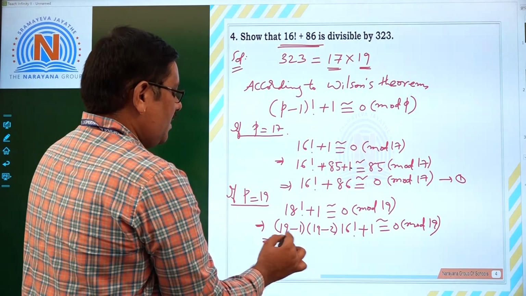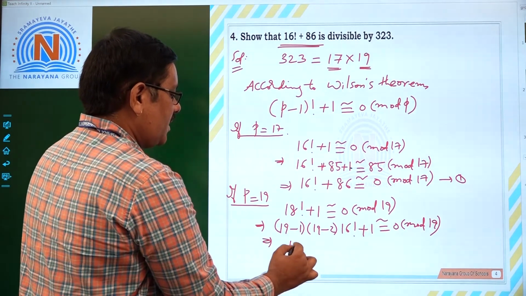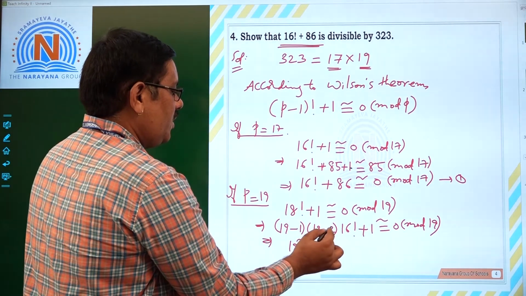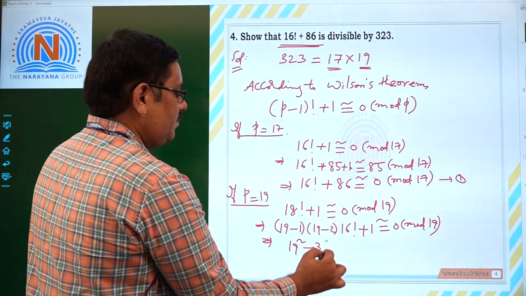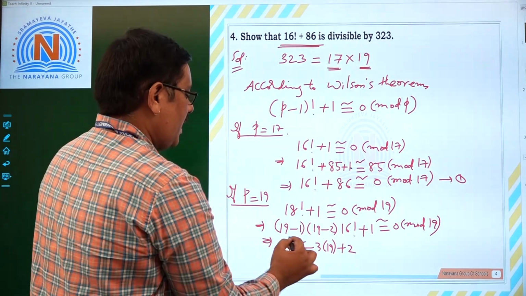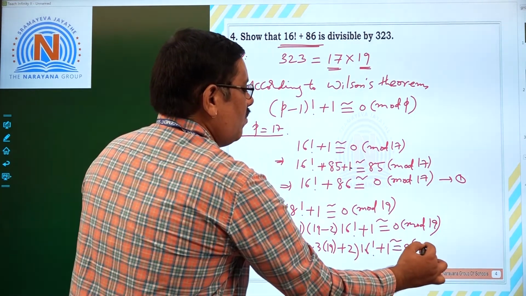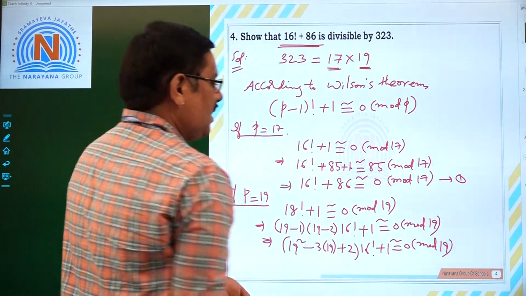That implies, multiplying out, 19 square minus 3 into 19 plus 2, times 16 factorial plus 1 is congruent to 0 modulo 19.